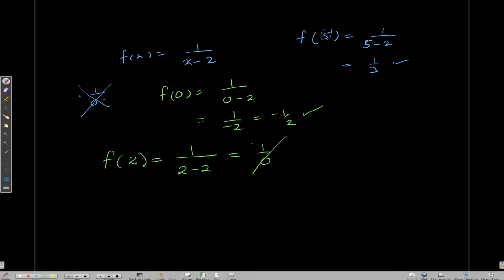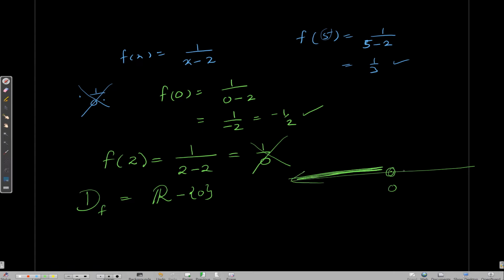This is not acceptable. So the domain of this function is all reals except 2. This is one way of writing it. If you think about this, except this point, everything to the left and everything to the right. So in interval notation, from negative infinity up to 2 without 2, union from 2 to infinity. This is how you write the domain.